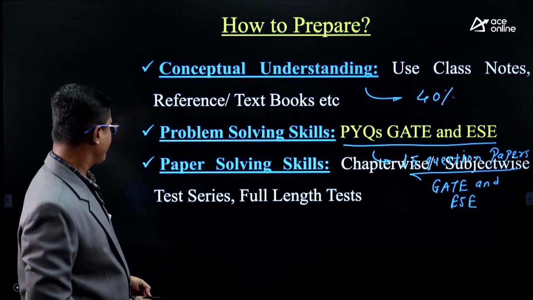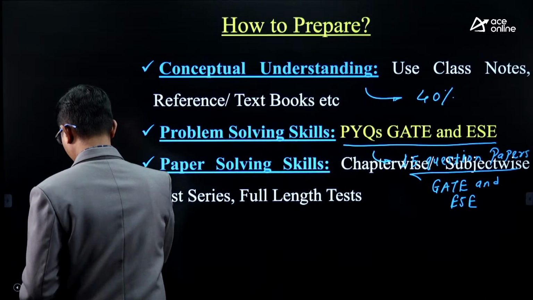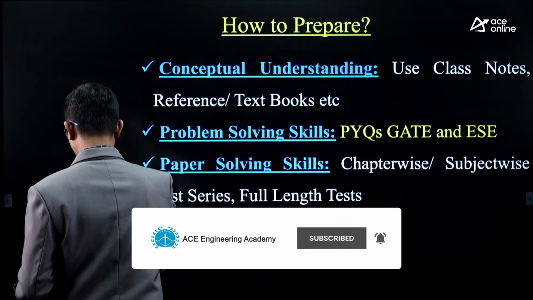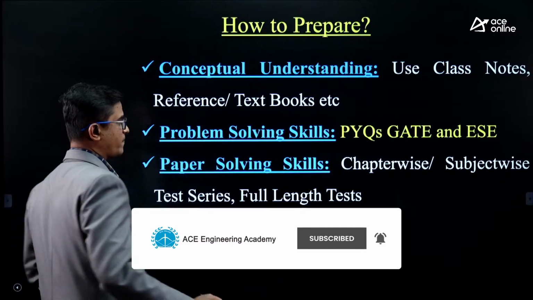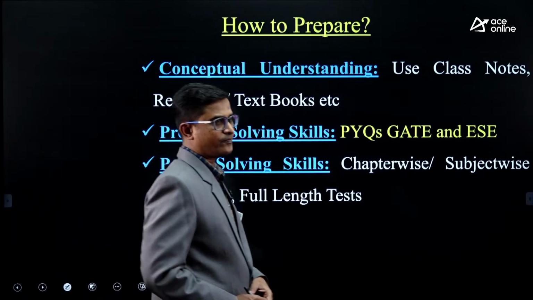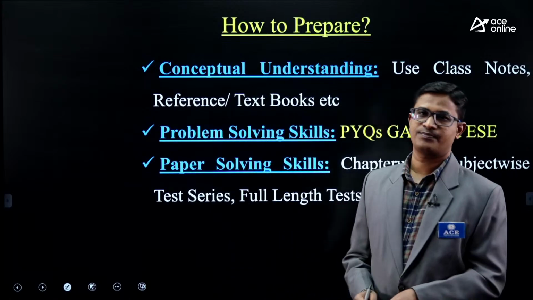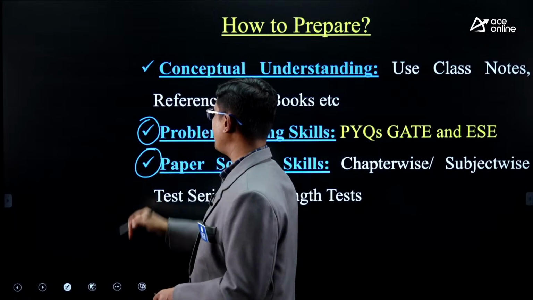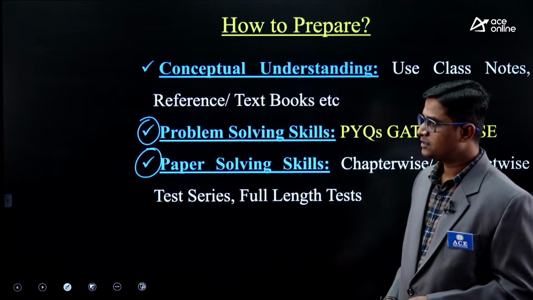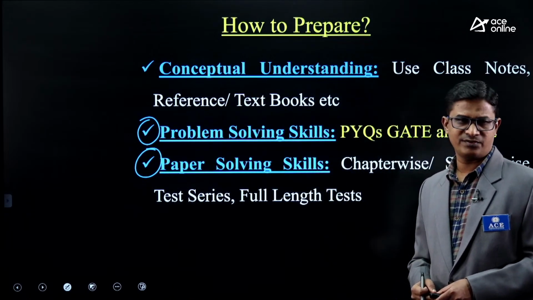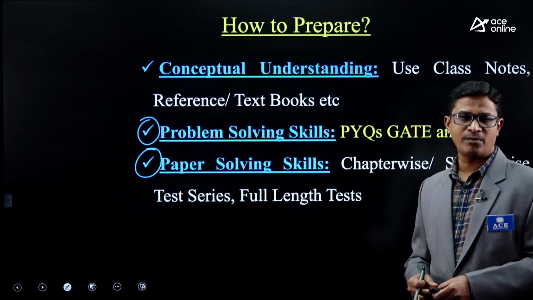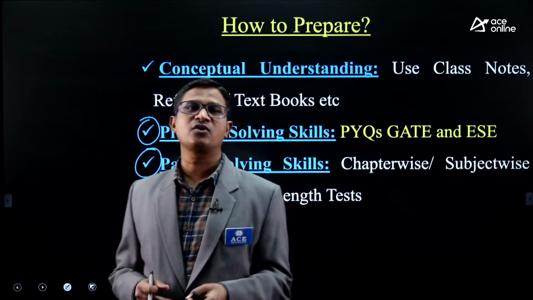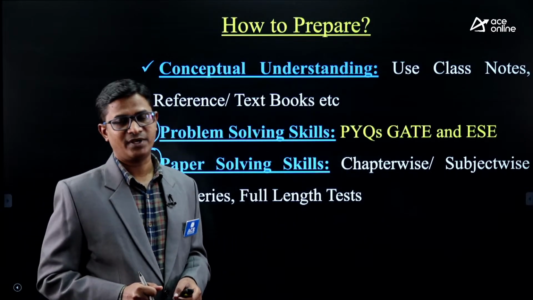Next one is the paper solving skills. So, how to improve the paper solving skills? Yes. Generally what I feel, most of the students lag in these two skills, problem solving and paper solving. Right? They will understand the concept very well. But how to solve the problem, how to apply that concept, how to apply the knowledge to a particular problem, they fail.